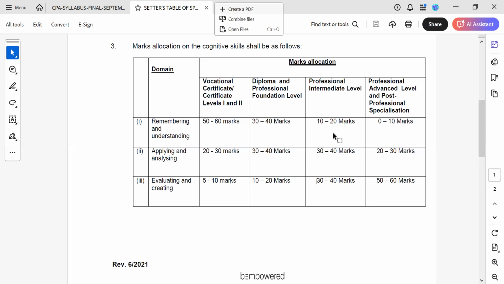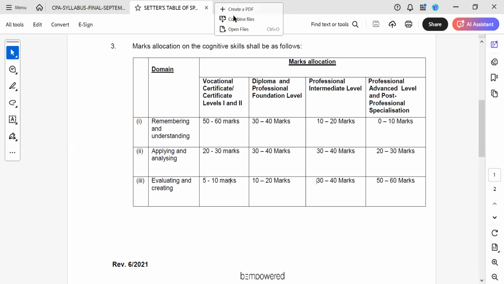This applying and analyzing is also in your syllabus. It is not that they are getting things out of the syllabus. Also evaluating and creating, which is 40%, is also in your syllabus.